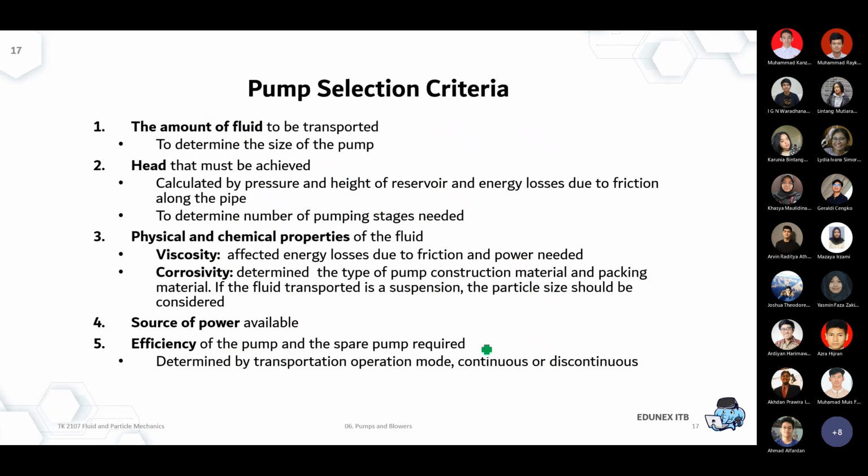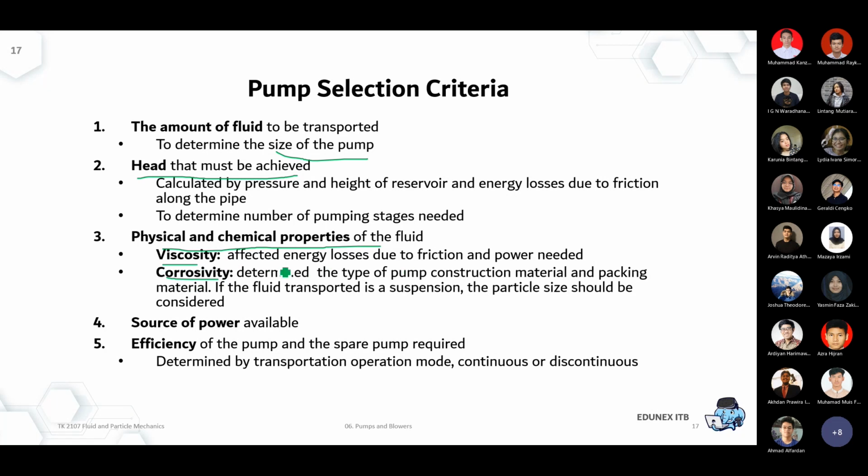Okay, so in terms of the conclusion for the selection criteria, of course, you need to determine the size of the pump. What is the head that must be achieved or generated? And then the physical and chemical properties of the fluid, whether it's viscous or corrosive.